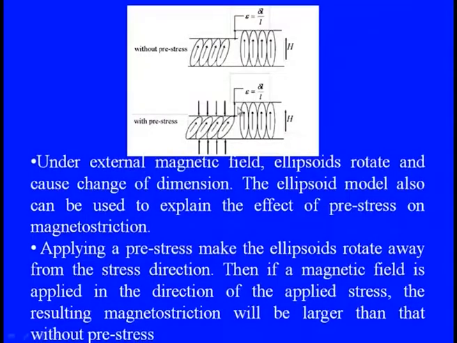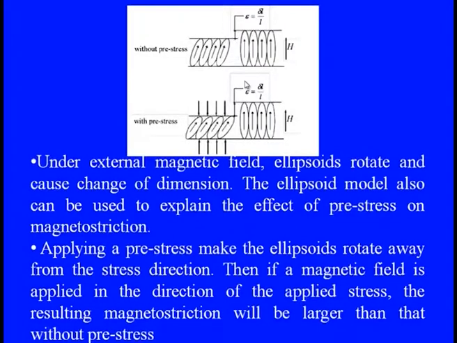This is the expansion size, and the strain is quite significant compared to the case without pre-stress, given by delta L by L. So, under an external magnetic field, the ellipsoids rotate, and because of this rotation there is a clear change in the dimension.